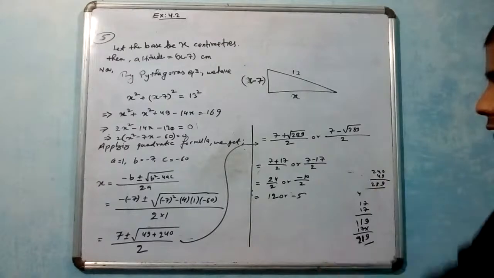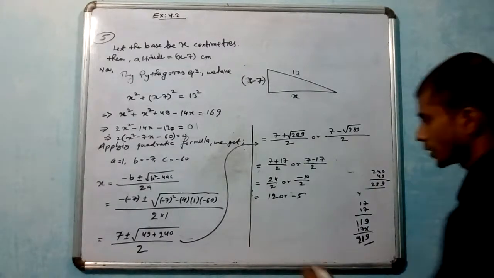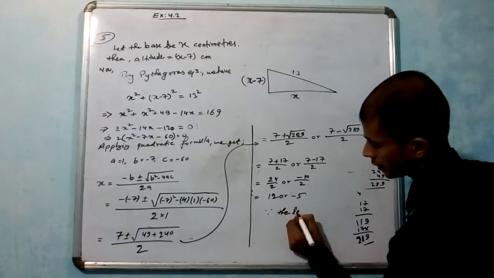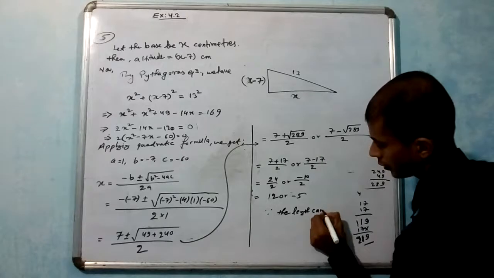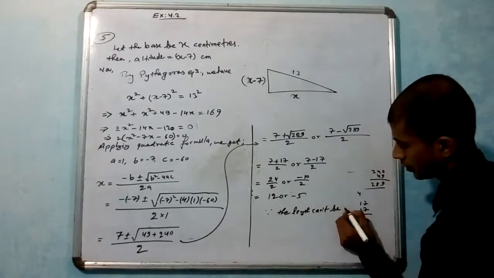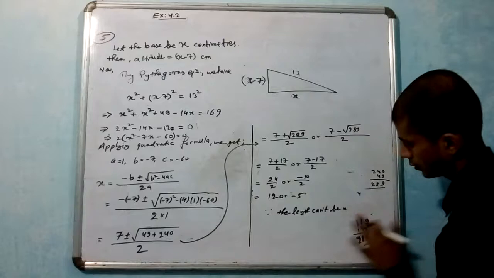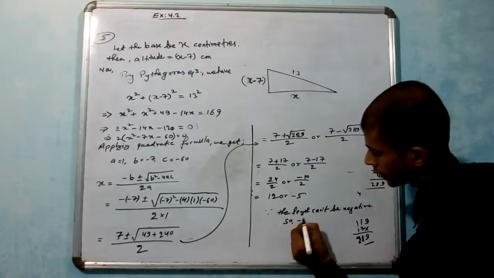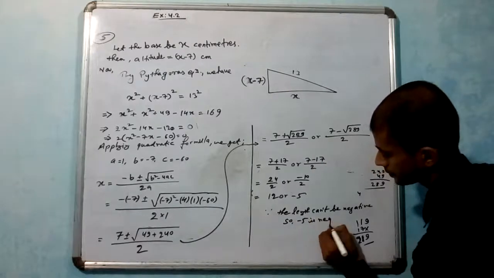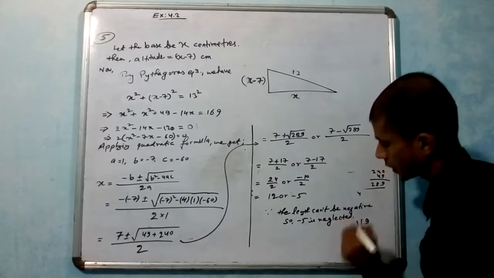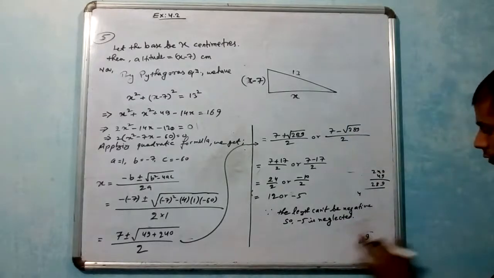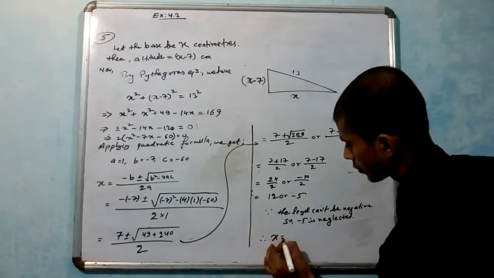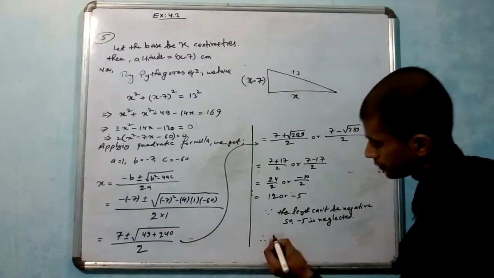Since the length can't be negative, minus 5 is neglected. The reason we must write why it is being neglected, okay. So therefore base is equal to x is equal to 12 centimeters.